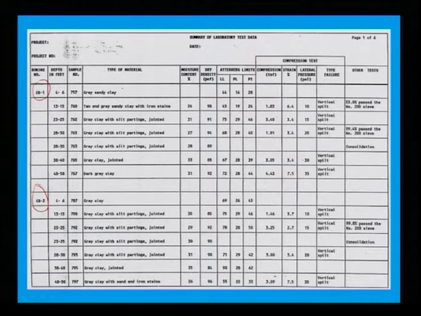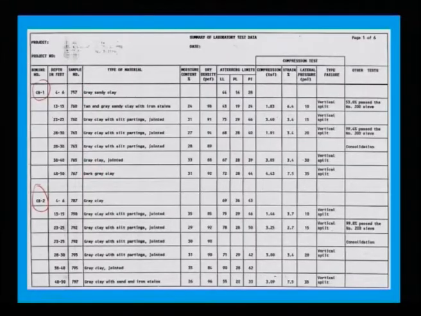Then the type of material. The moment you say grey, dark grey, these are all visual appearance. As I said last class, visually you see the soil and identify whether it is grey, dark grey, white, red or brown, and that should come here.